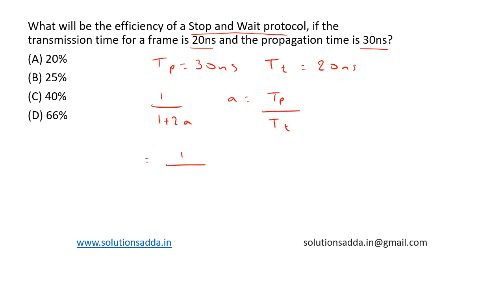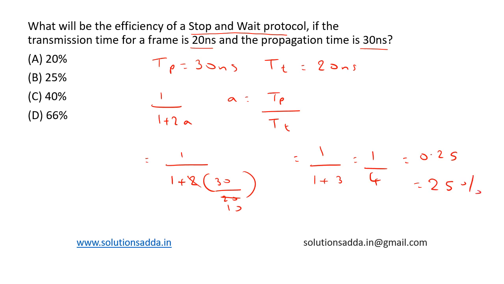Now we have 1 by 1 plus 2 into 30 by 20. Dividing, we'll get 1 by 1 plus 3, which is equal to 1 by 4, which is equal to 0.25, which in turn is equal to 25%. Now, based on the options, option B, 25%, is the right answer.